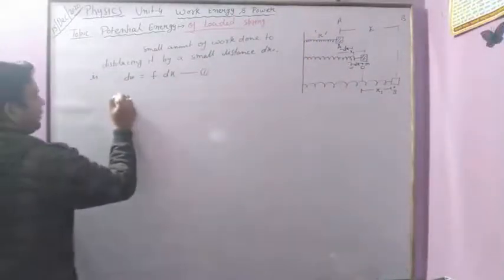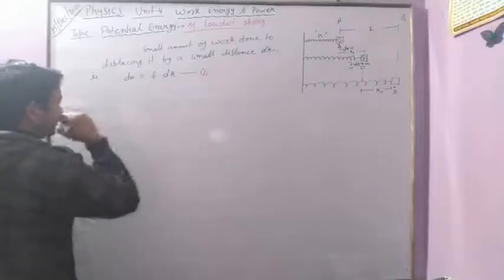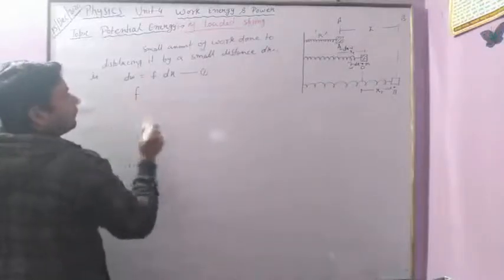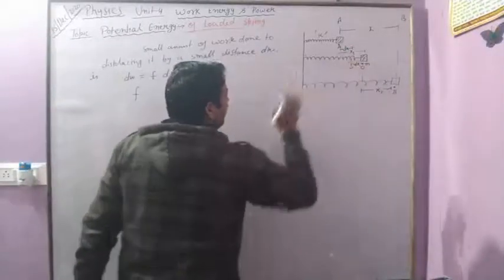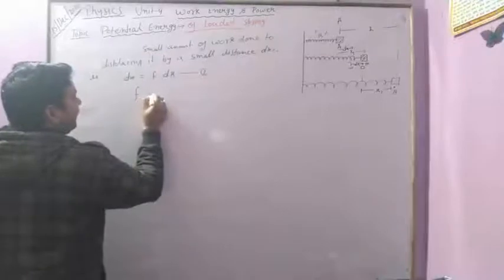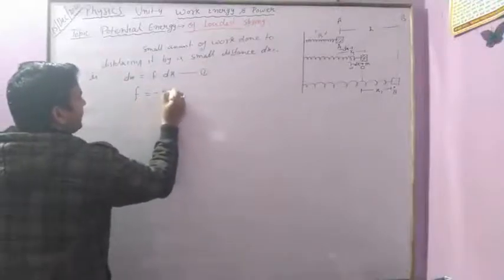Therefore, it is observed that the force against which the spring is compressed till point A is given by minus kx.